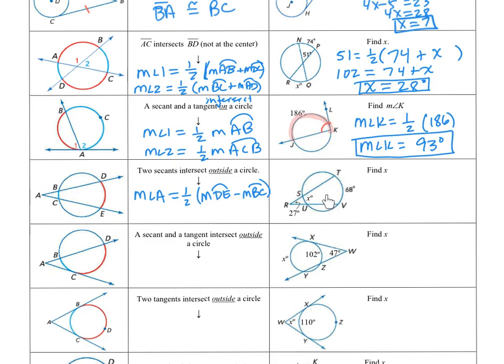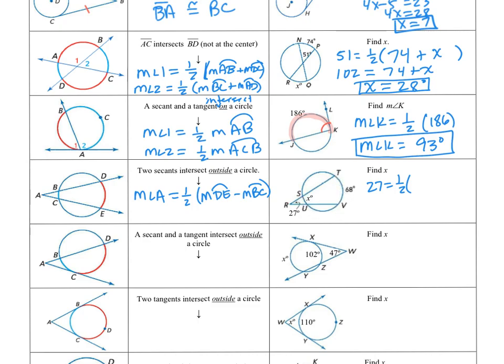So let's take a look at this example. We're going to find x. Okay, so to find x, let's look at this 27-degree angle that's formed by 2 secants whose vertex is on the outside of the circle. That means that that 27-degree angle is going to be equal to 1/2 the difference of 2 intercepted arcs. Well, the 2 intercepted arcs would be this one, the 68-degree arc, and then the x-degree arc.